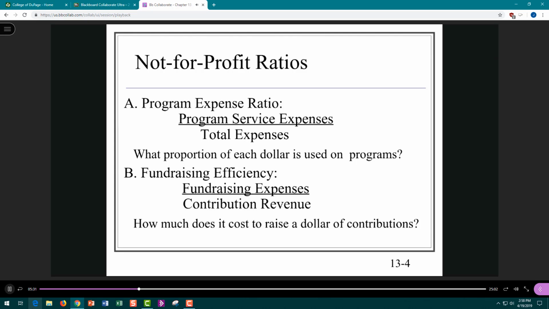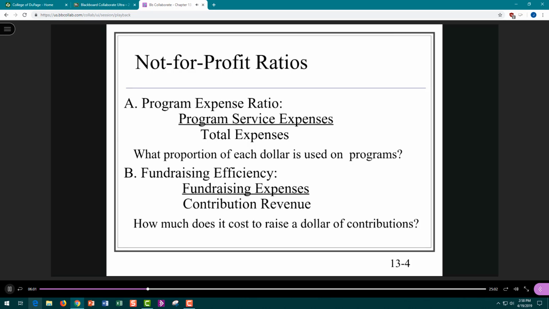Really what we're doing in this ratio is taking a flow statement number, that is program service expenses, and dividing it by a larger, catch-all outflow number from the flow statement. So basically this ratio talks about how much of the expenses of the organization is dedicated to the core service delivery of the not-for-profit.